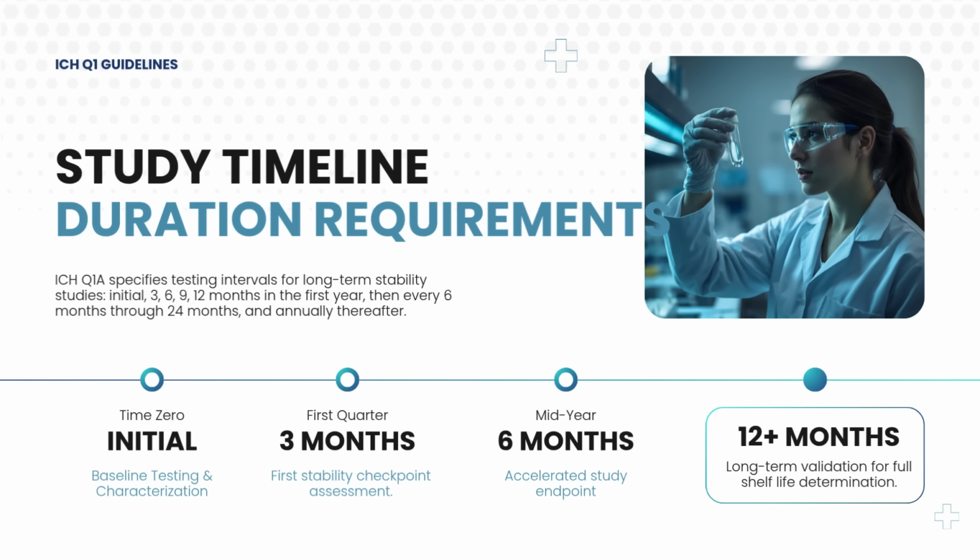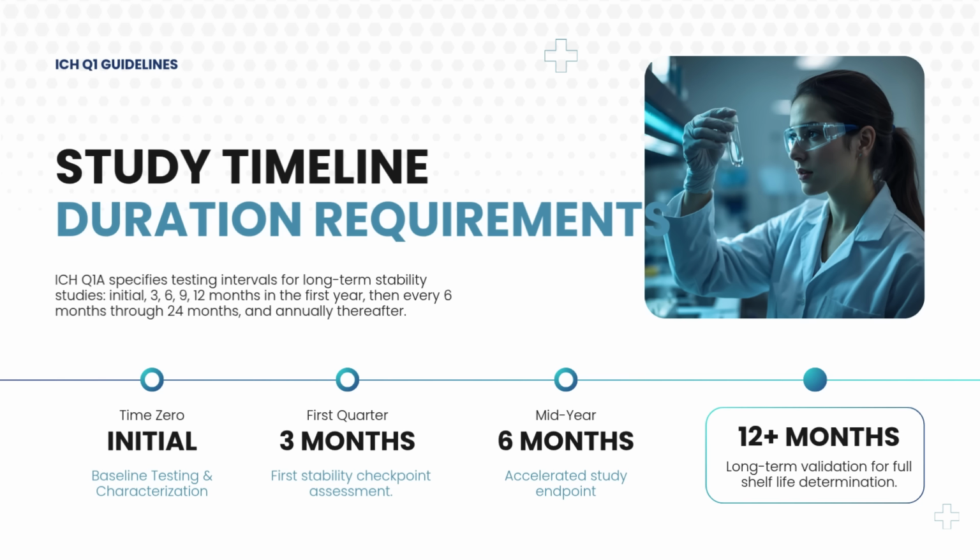The tests are conducted initially and then at the third month, sixth month, ninth month and 12th month. Afterward, testing continues every 6 months up to 24 months and then annually. So this approach provides a thorough assessment of the drug stability at different points in its shelf life.